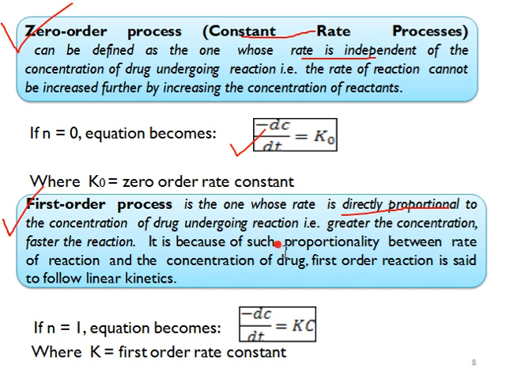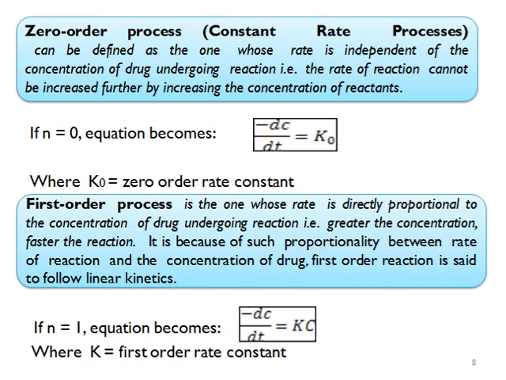Due to such proportionality between the rate of reaction and concentration of drug, first order process is known to follow linear kinetics, and the equation for first order reaction is minus dC upon dt is equal to capital K into capital C, where K is the first order rate constant.